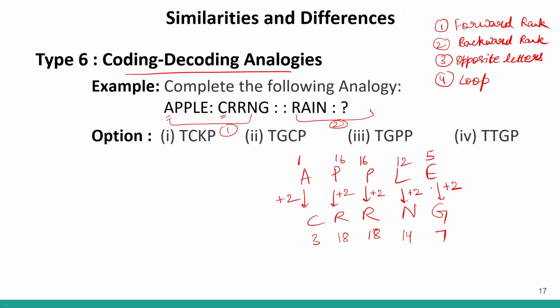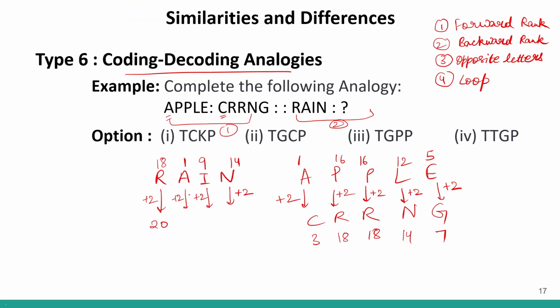So the same logic we'll use for rain. So let me write rain. Now, for rain, the forward rank for R is 18, forward rank for A is 1, forward rank for I is 9, and forward rank for N is 14. So if I go 2 positions forward in each case, following the same logic, then I'll get 20th rank.